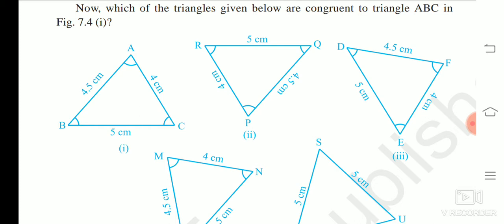Using the second number tells whether we start from D or F. After 4.5 comes 5, in the side DE or ED. So we need to maintain the order 4.5, 5 and 4. That's why FDE. So triangle FDE is congruent to triangle ABC.